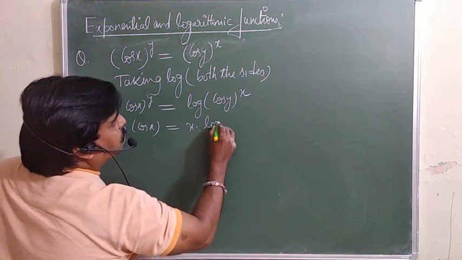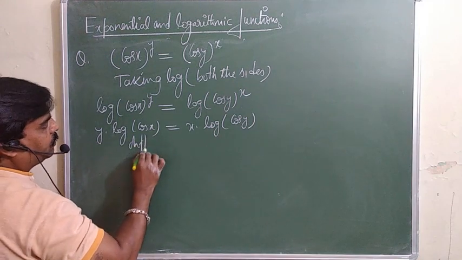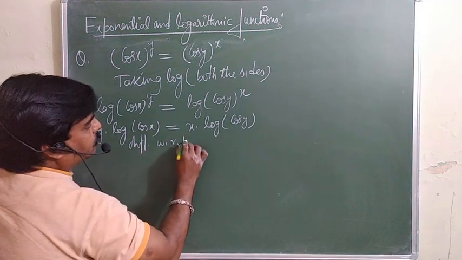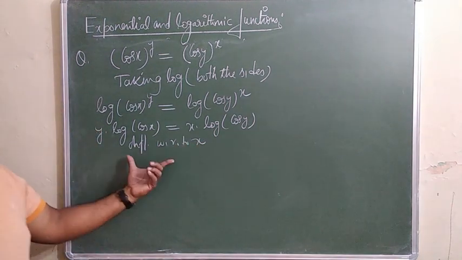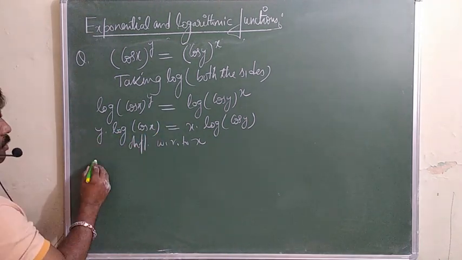So this can be written as y into log cos x is equal to x into log cos y. Now you can differentiate both the sides with respect to x, because we are interested in dy over dx only. So this is first and second, product rule we will apply.